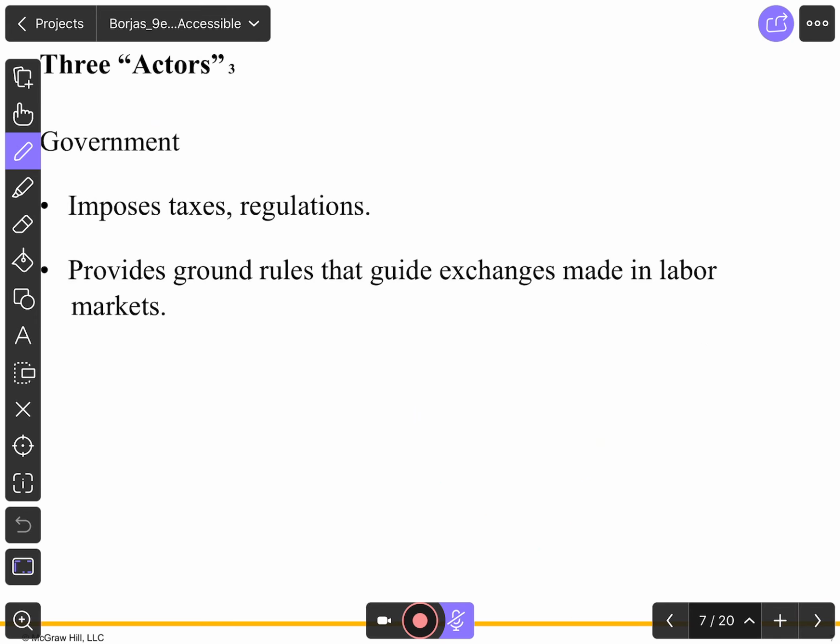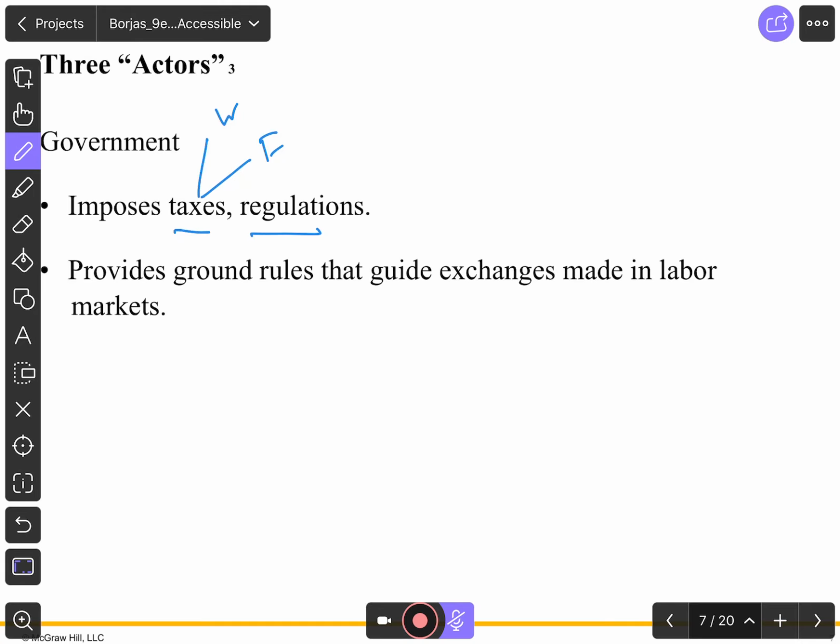The third actor is the government, the one that imposes the regulations, whether these regulations are related to the taxes to be collected, from the workers or from the firms. They collect taxes from both: you work, you pay income tax; firms pay corporate tax or any other capital gains tax or any other kind of tax.